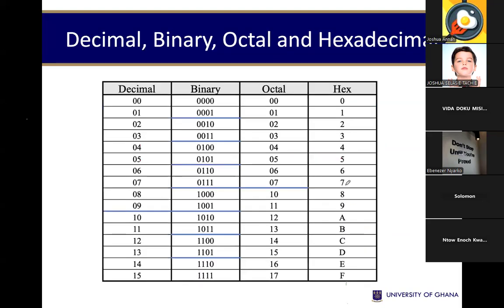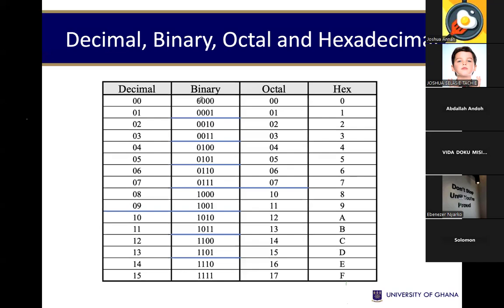Now, a comparative binary equivalent can have quadruple zeros, octa. Basically, this octa is expected to have 3 zeros to be on the safer side.